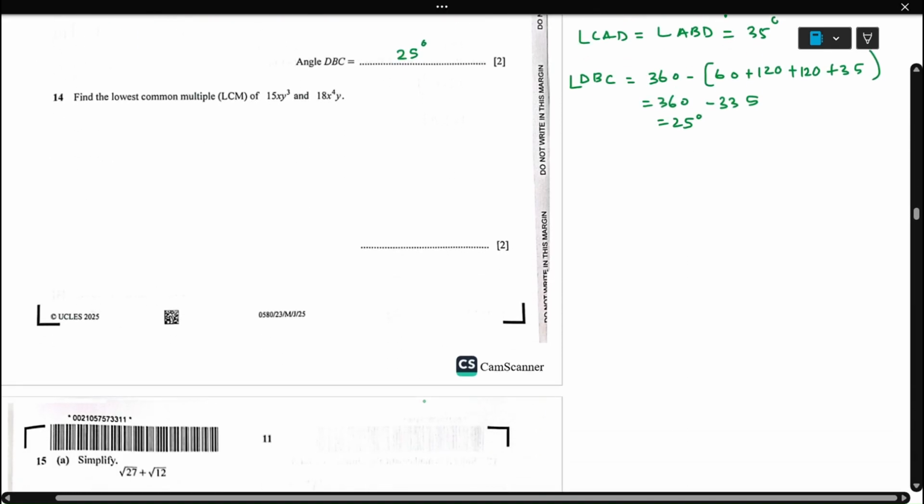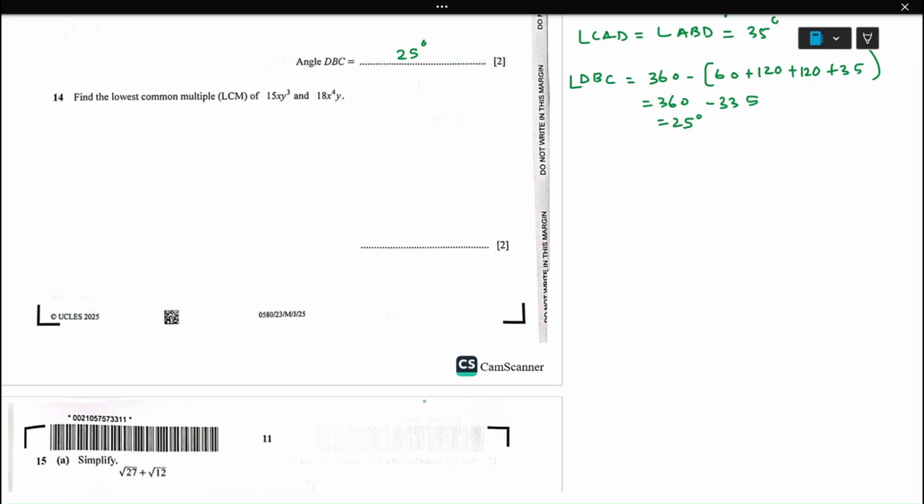Next one, find the lowest common multiple of 15xy cubed and 18x to the power 4 y. So first I go for 15's prime factors, which are 3 and 5, and 18's prime factors 2 and 9, 3 and 3.